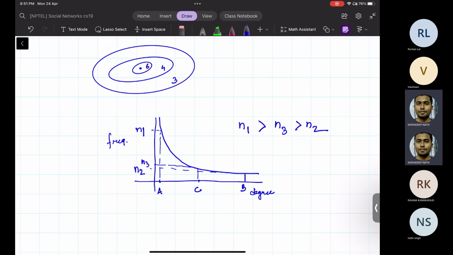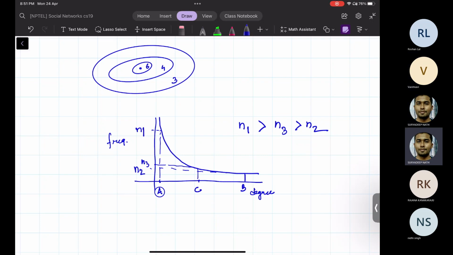This is the Barabasi-Albert model. So I think what I said was wrong. The question is asking about the number of nodes having the degree. Let's say A is the node with the least degree, and N1 is that many nodes that have degree A. You get it? Okay, I will revise again.